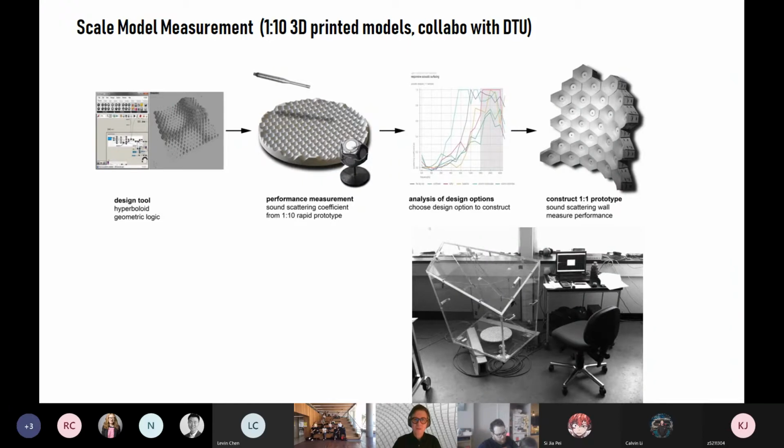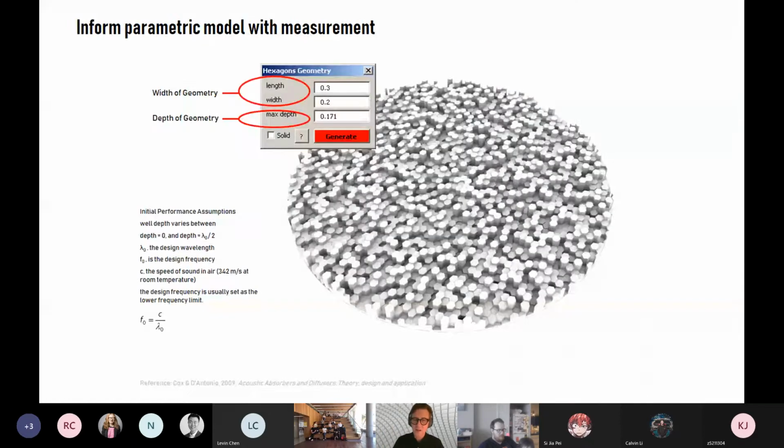This is an important property of sound that has really only, in the last couple of decades, been discovered to be of importance in architectural performance. And so this was the workflow that we were using: the digital model, to 3D print, to measurement and analysis, and then those findings would inform the final result.